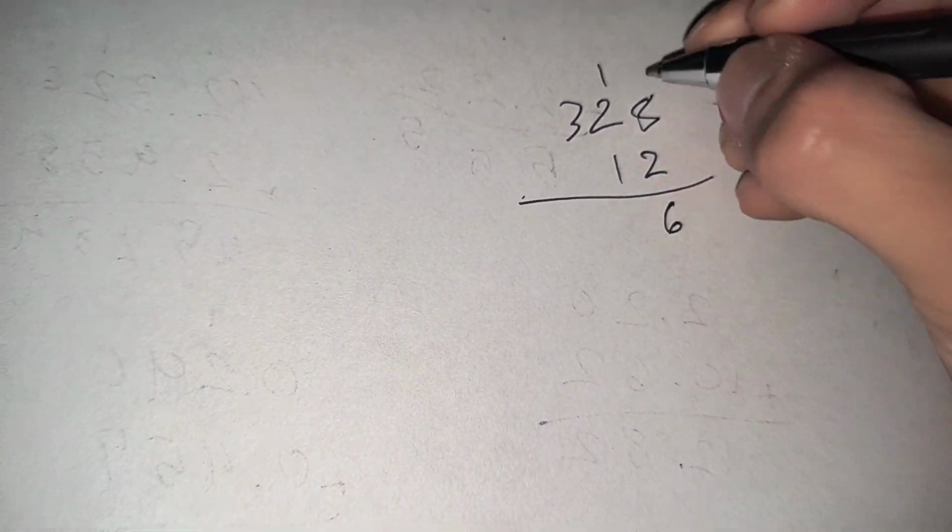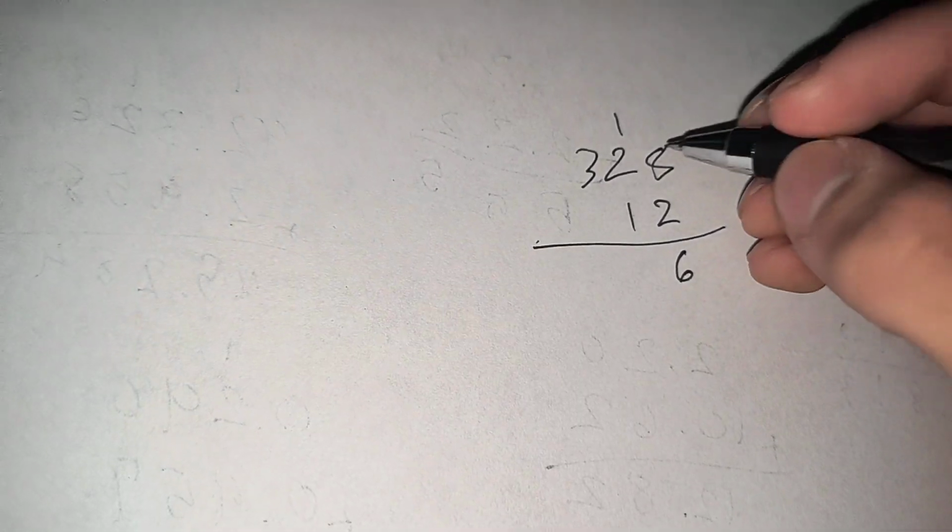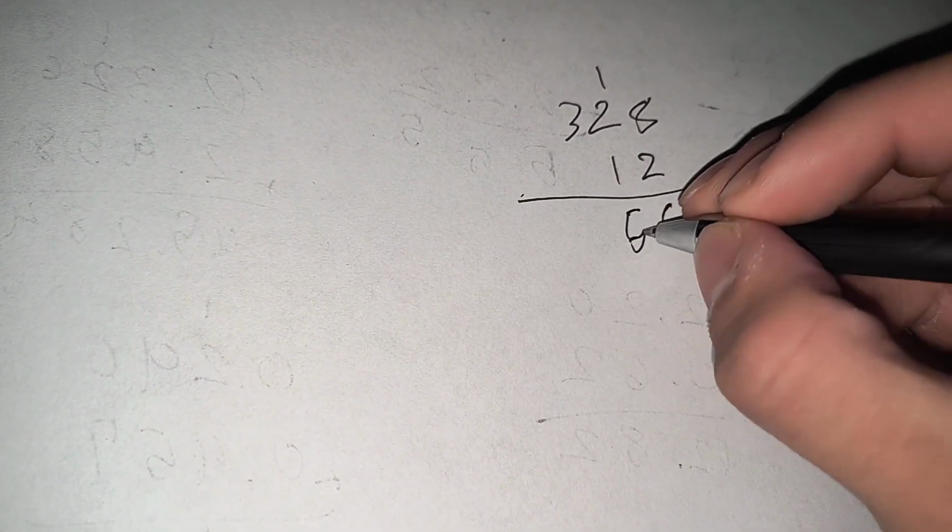With whole number multiplication, if I had to multiply 328 by 12, I go 2 times 8 is 16. 2 times 2 is 4, plus 1 is 5. And then 2 times 3 is 6.